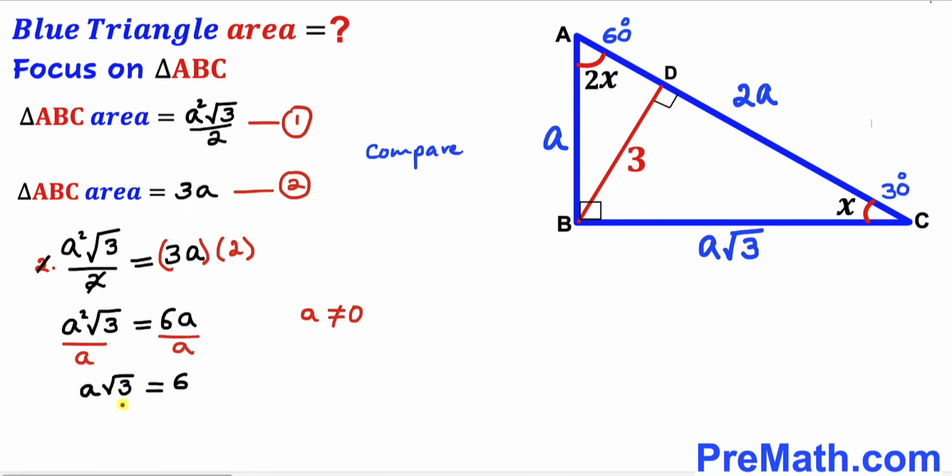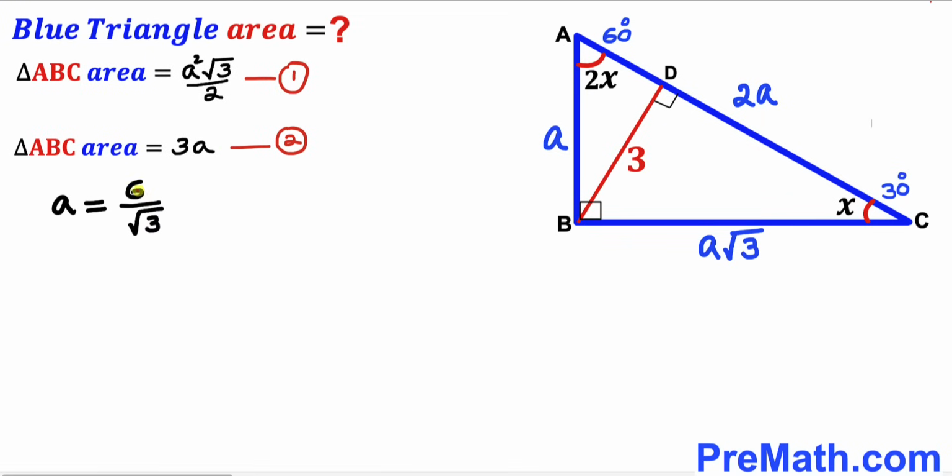And now we are going to divide both sides by square root of 3 to isolate lowercase a. And here we can see square root of 3 is gone. So therefore our lowercase a value turns out to be 6 divided by the square root of 3.